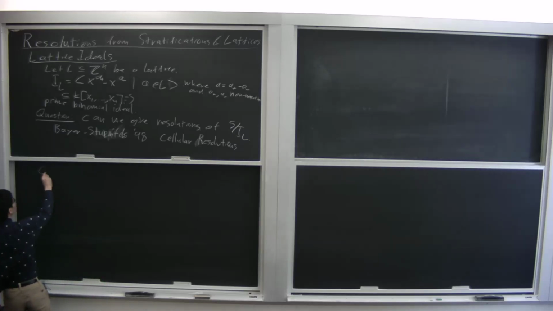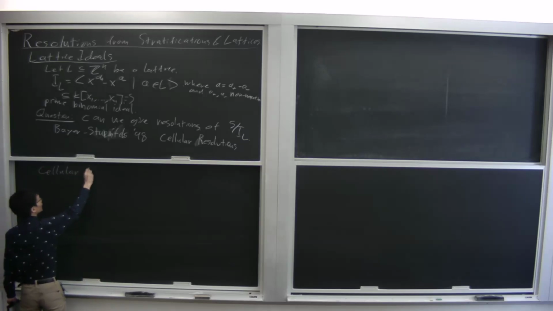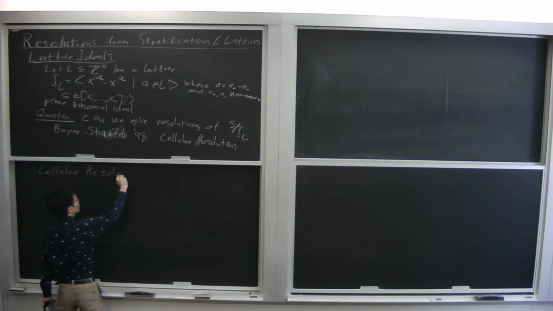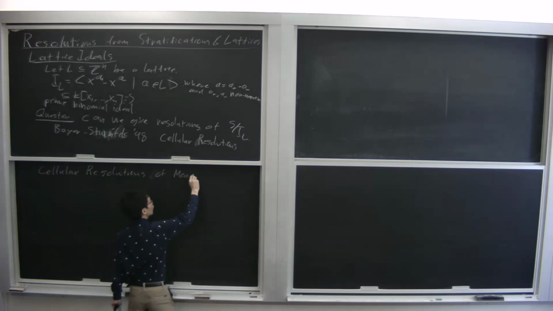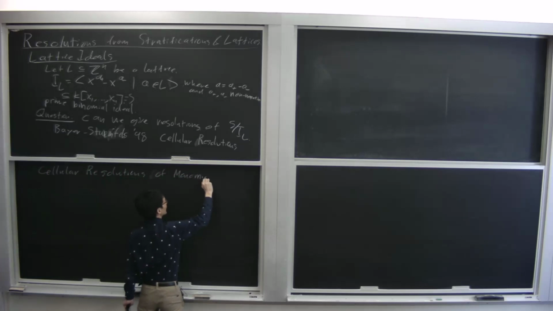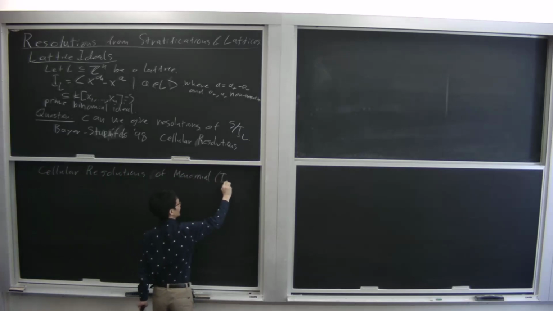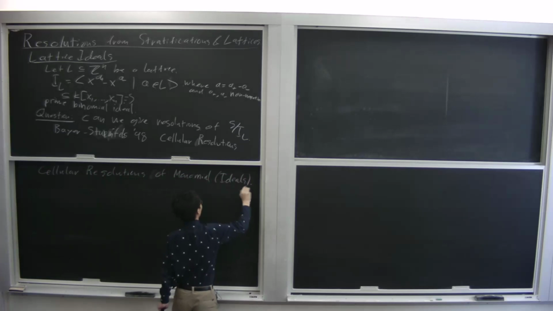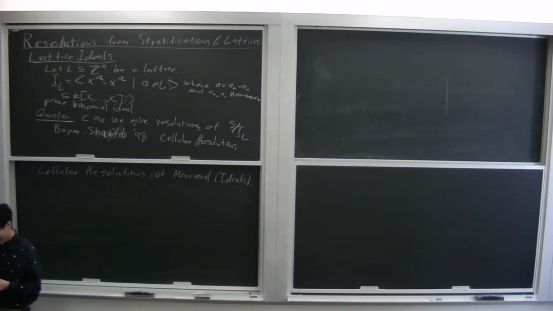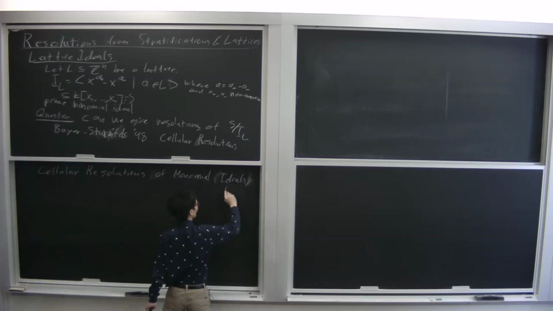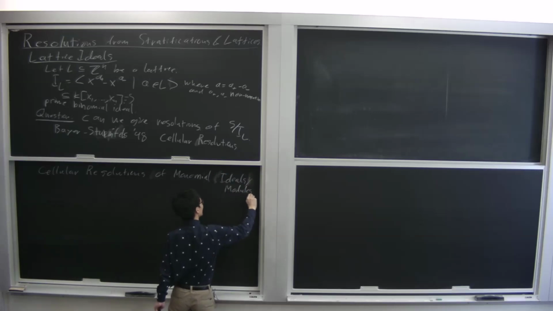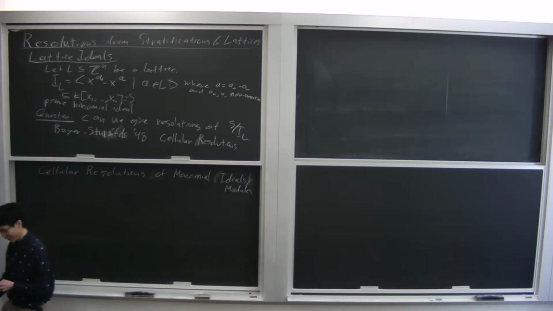So cellular resolutions of monomial ideals. The parentheses around ideals will make sense later. Let's say ideals slash modules.